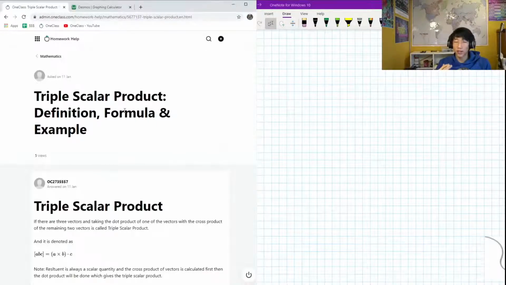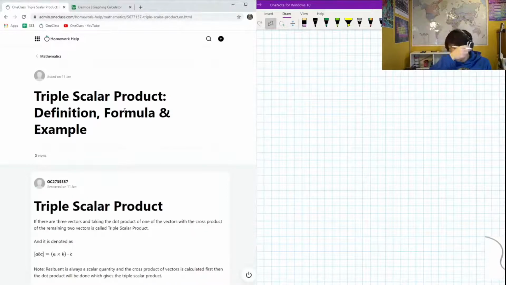It was in the context of moments. So if we have a lever attached to something that wants to rotate, and we're trying to find out the moment, which is kind of like the torque, we will need the triple scalar product to help evaluate that.